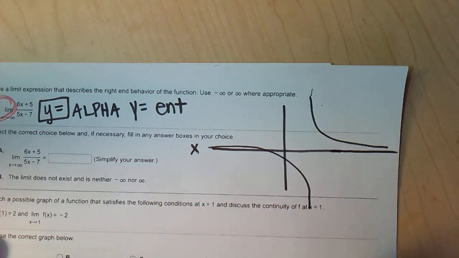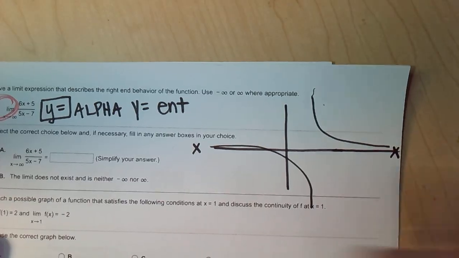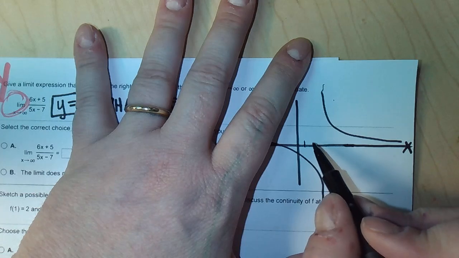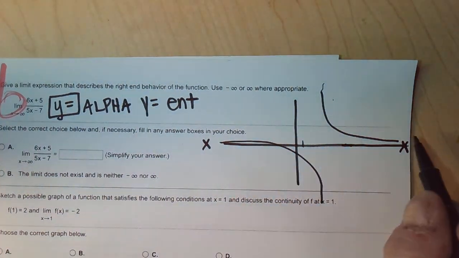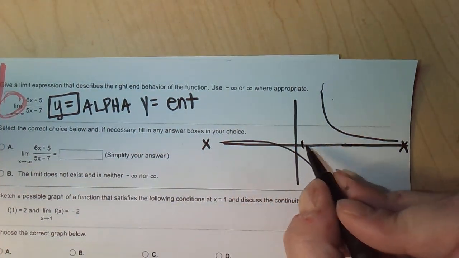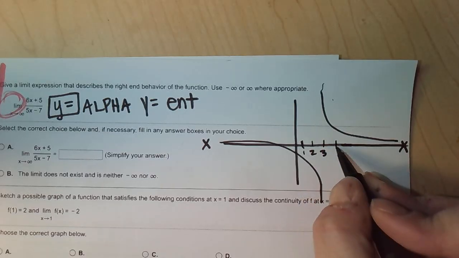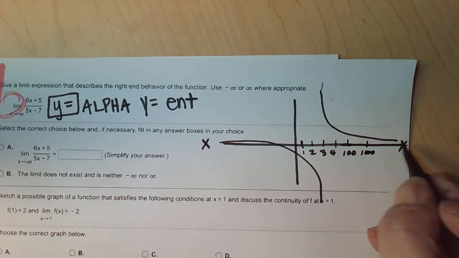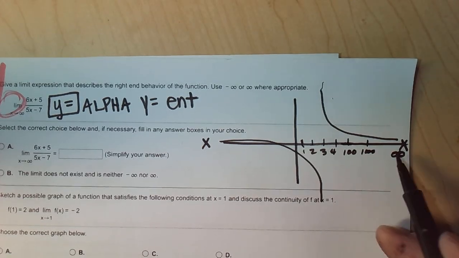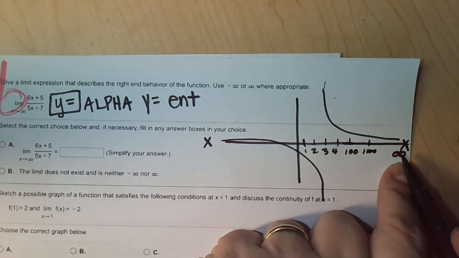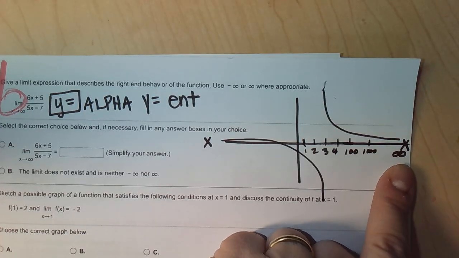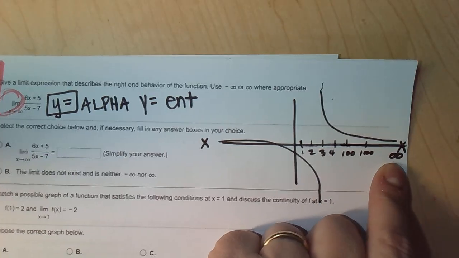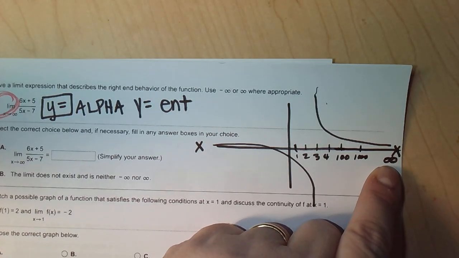And when x is infinity, that's way over here to the right, because as we go along the axis on the right, we get 1, 2, 3, 4, 100, 1,000, whatever, infinity. So this is when x is infinity. The question is, what's the y value of the curve right here? Well, let's look.